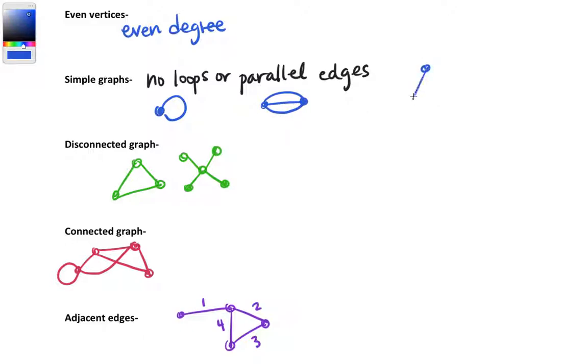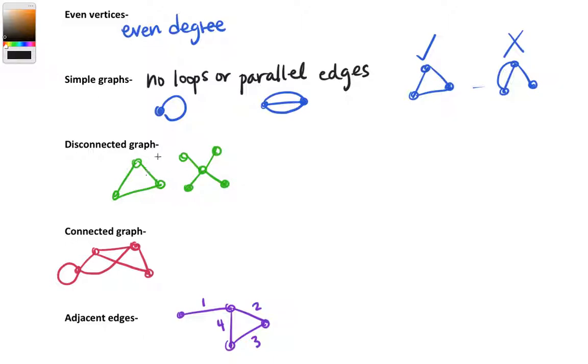So for instance, this is a simple graph. This is not a simple graph because it has these parallel edges here. And it's any number of edges. So here's 3 parallel edges, here's 2 parallel edges. They still prevent it from being a simple graph.